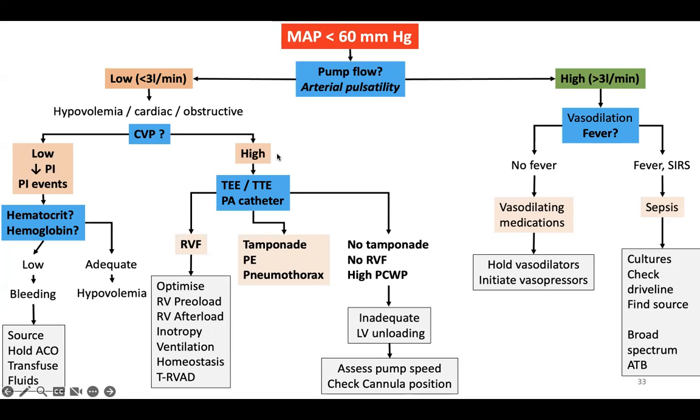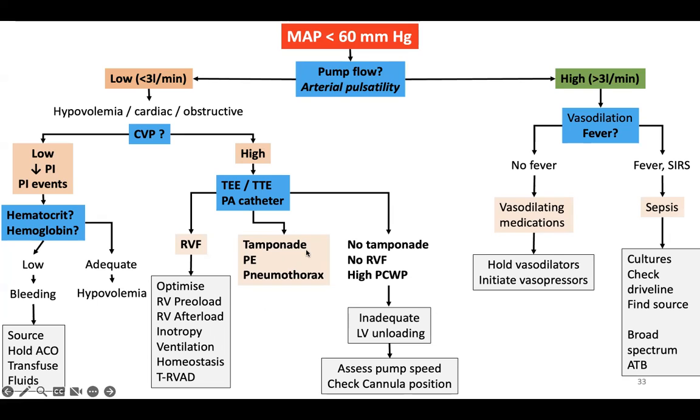If the CVP is high, then you need to get a TTE or an echocardiography to figure out what's going on, and a PA catheter might also be useful, because one of the first reasons obviously is right ventricular failure, and then you need to optimize RV preload, afterload, inotropy, ventilation, hemostasis. We're going to go through this.